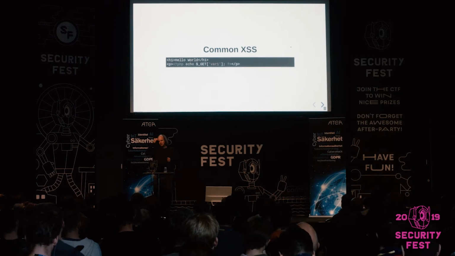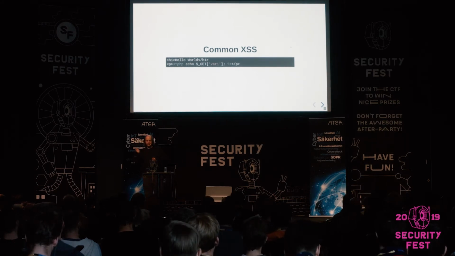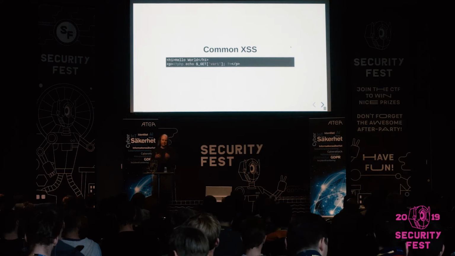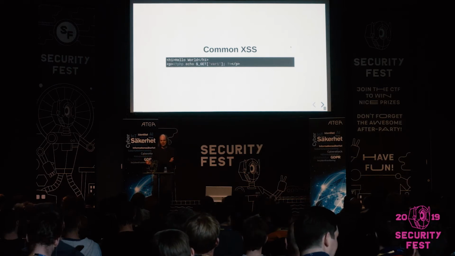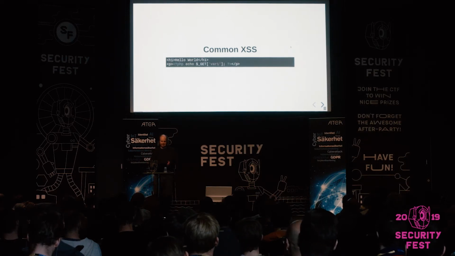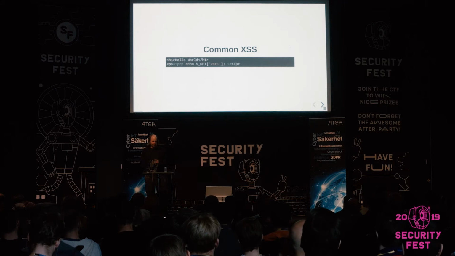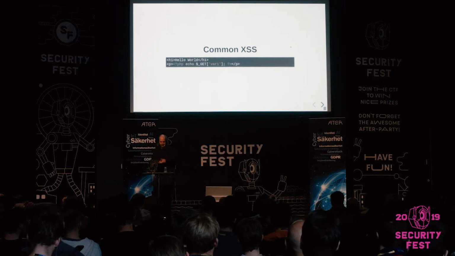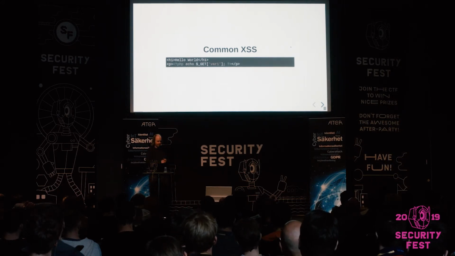Usually how this happens is that we have an HTML document which has some dynamic content that we control. This is a very simple example. We have some HTML, and then we have some PHP code in there that is echoing a variable, and that variable is a GET variable.